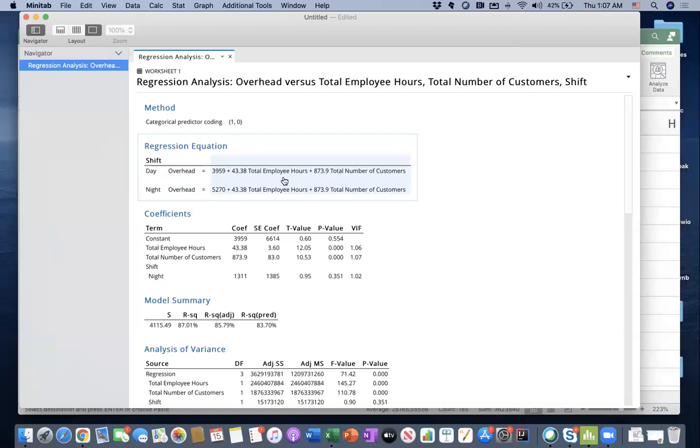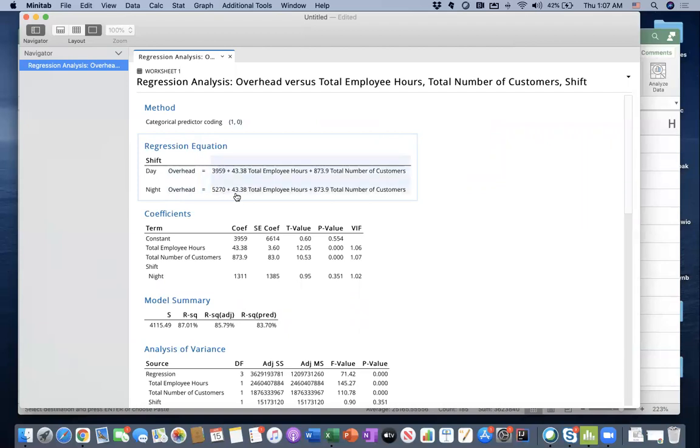And all others are the same. So from these two equations, I can already conclude that my night shift overhead is going to be much more expensive, regardless of my total employee hours and total number of customers, because the difference between these two intercepts is due to the night shift that I'm offering, right?